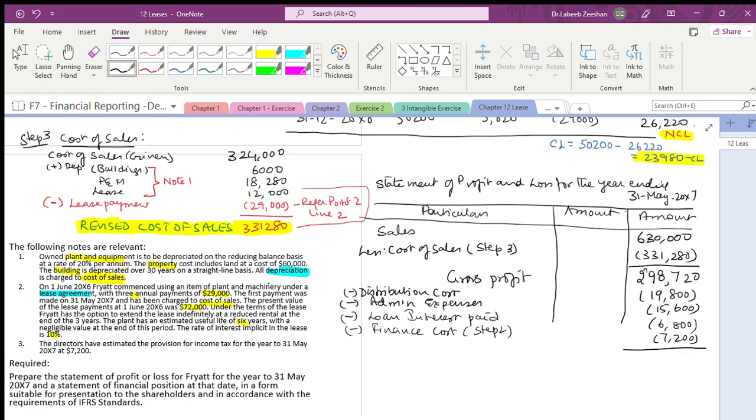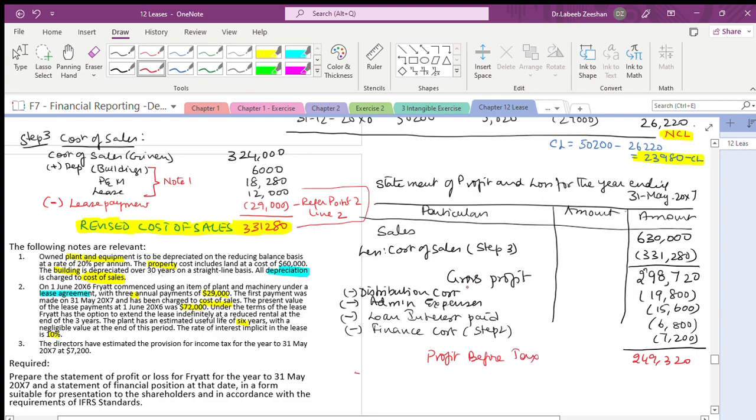How much will you get? 249,320. This is profit before tax.